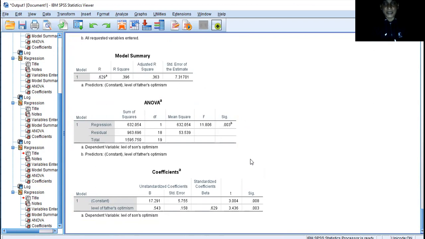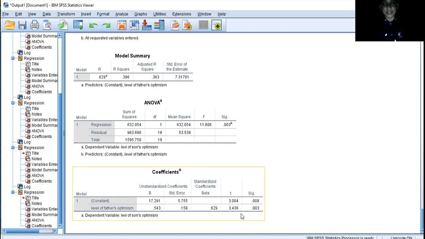So we say that t within brackets 18, that is the degree of freedom, 20 minus 2 is 18.